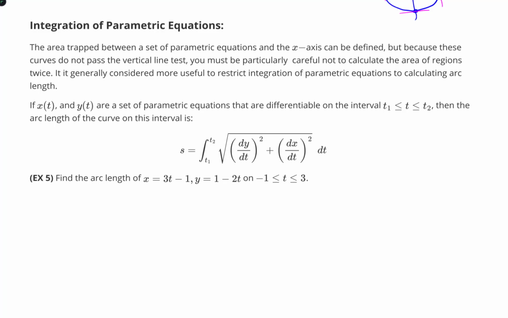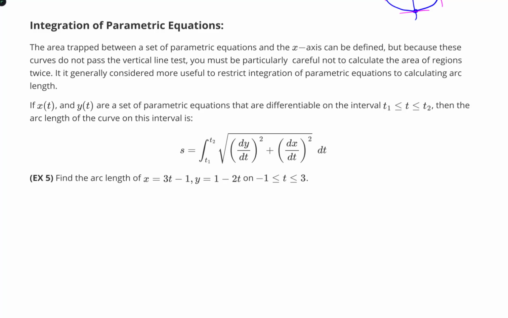When you take away the restriction of passing the vertical line test, you can get a lot of strange, unexpected things happening. So you don't necessarily always get the results that you expect in that type of setting. So we really tend to stay away from integrating in the form of area for parametric equations.